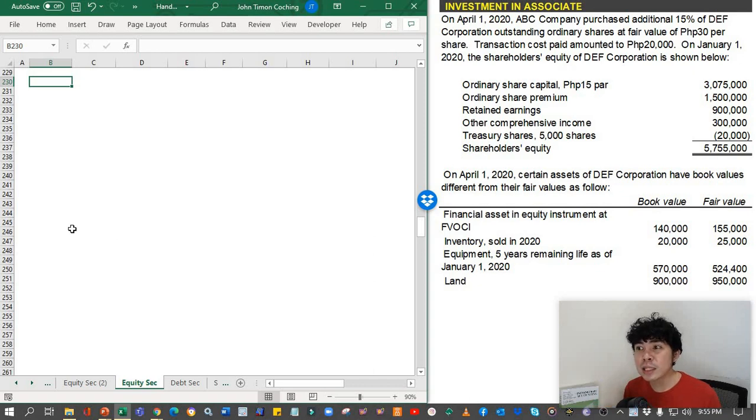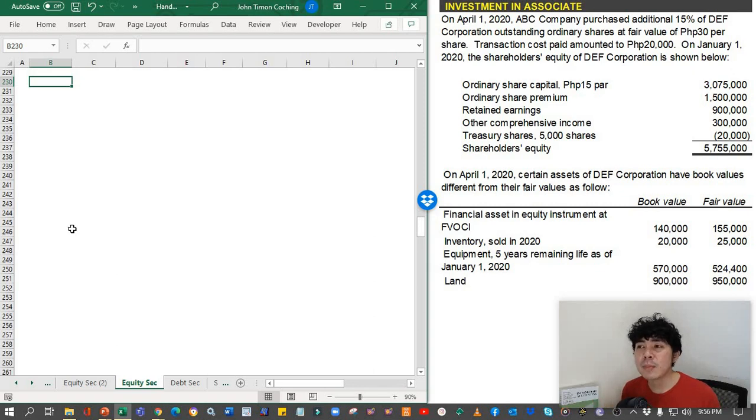So since meron na tayong cost computation, yun yung amount we have recorded initially yung ating investment in associate account. So since meron tayong cost, ang next nating i-identify is yung fair value ng ating identifiable net assets ni associate. Again, yung identifiable net assets ni associate should be measured at fair value. Fair value ng anong petsa? April 1, 2020.